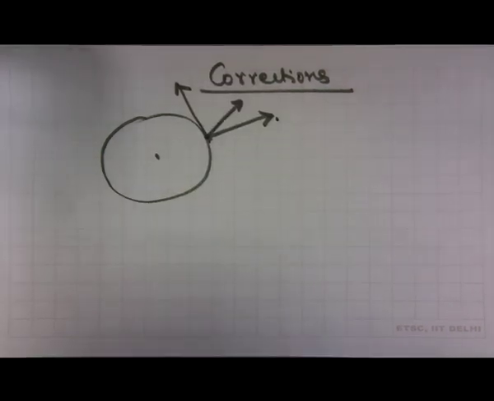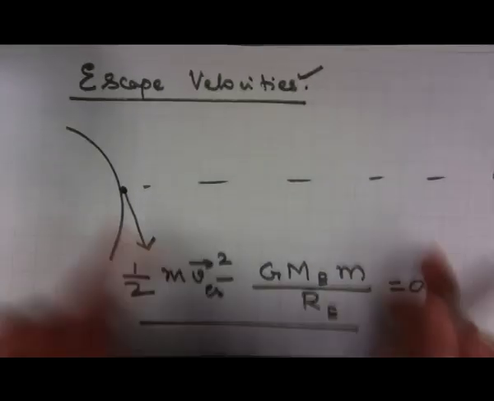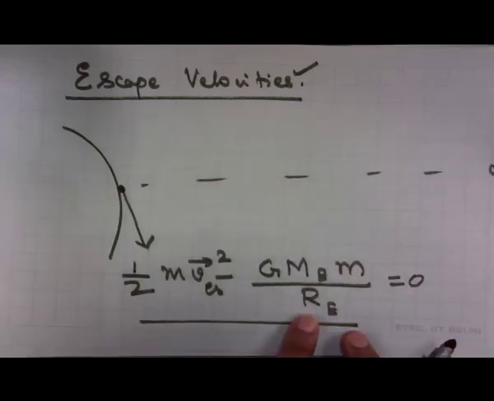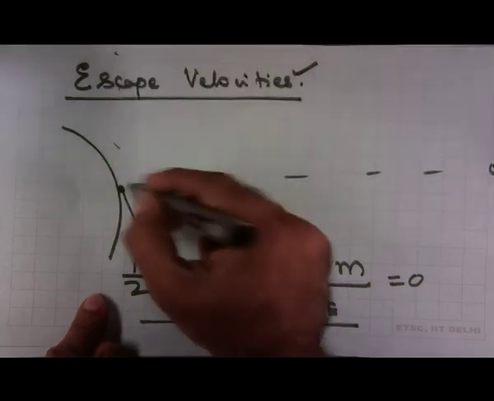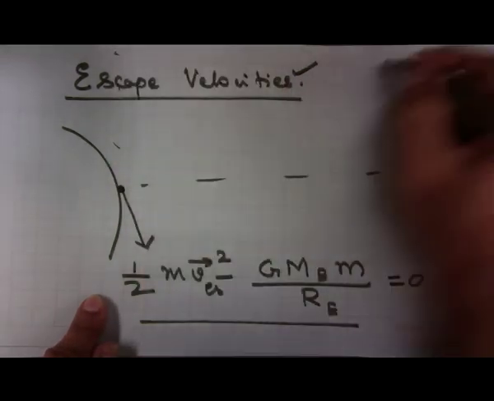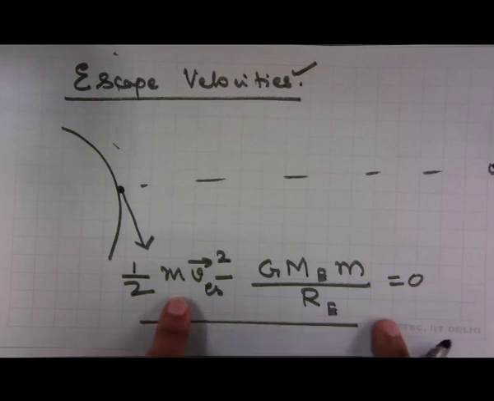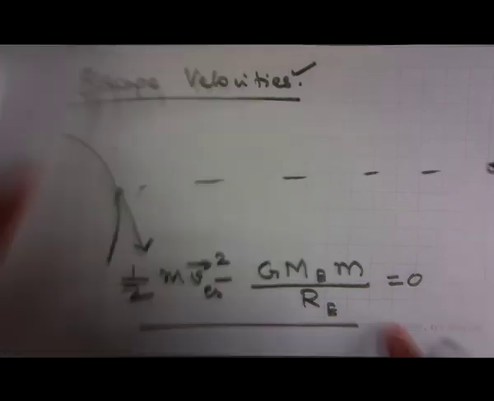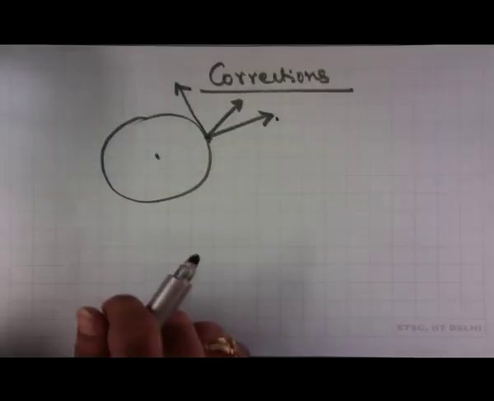You may wonder why there should be a difference, because when I wrote this equation, although I indicated the distance in a direction perpendicular, this R_E doesn't care in which direction I went. In whichever direction you go to infinity, your potential energy is always GMm by R_E, irrespective of the direction. Therefore, you must be wondering why I am showing different directions.